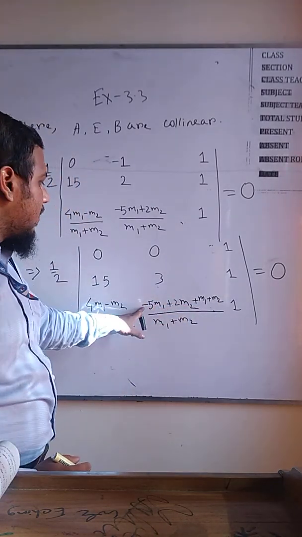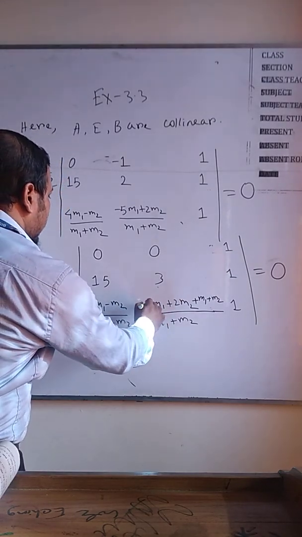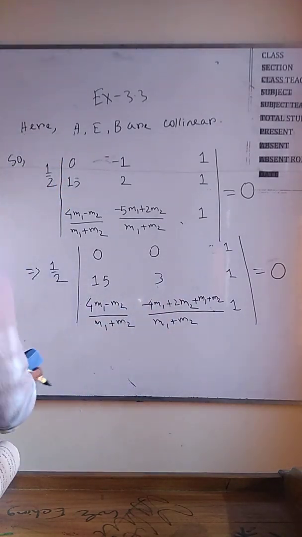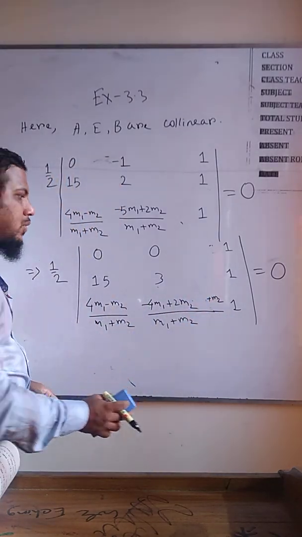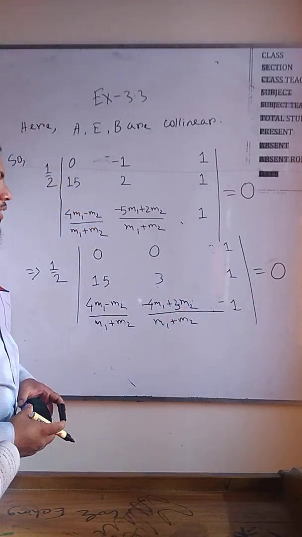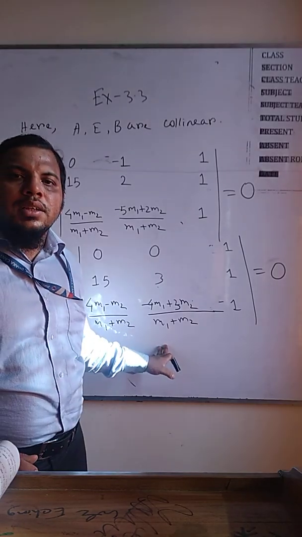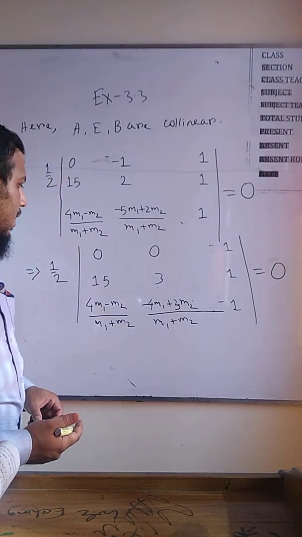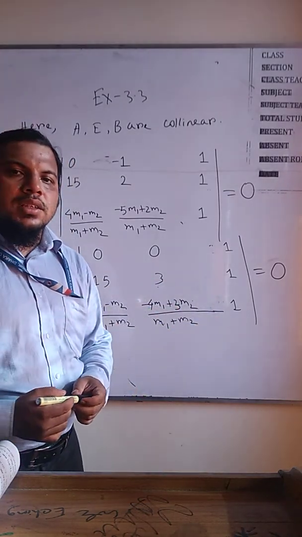That means minus 5m1 and plus m1, it will be minus 4m1, right? And 2m2 plus m2, it will be 3m2. So that means (minus 4m1 plus 3m2) divided by (m1 plus m2). Hope you can understand it because it is a very easy calculation.